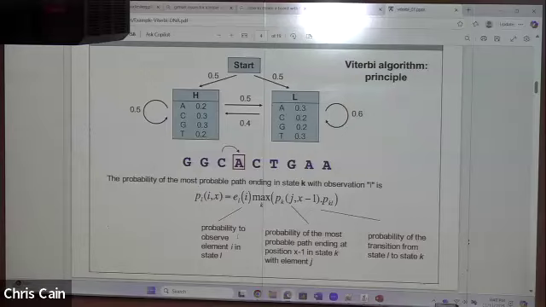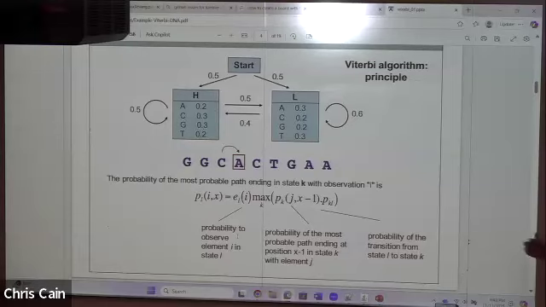So what is the probability that the most probable path ended with an A at this point? Like, what is the probability that we expressed an A given that we expressed a GGC before it? So we look at the associated probabilities of whatever the possible paths were to produce GGC, either that ended in high or ended in low.